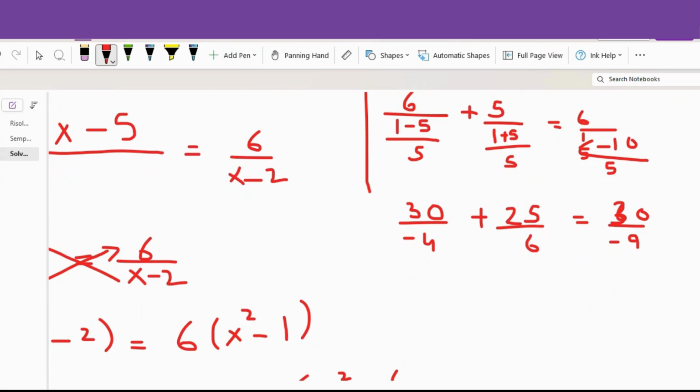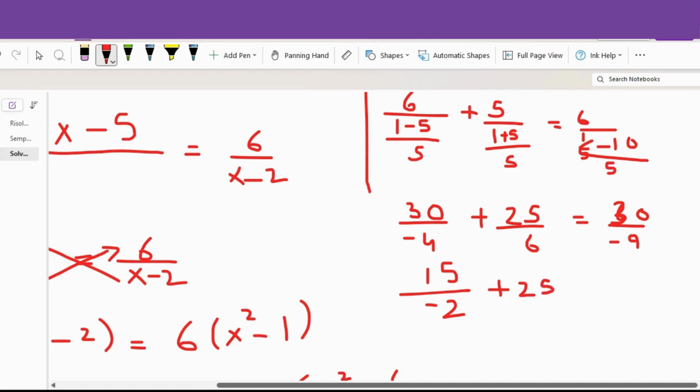We would see that 15 out of 2, now we would multiply this with 3, and 15 times 3 is 45 minus 45 plus 25 out of 6, and here we have 10 out of 3, and it also has a minus sign with it.